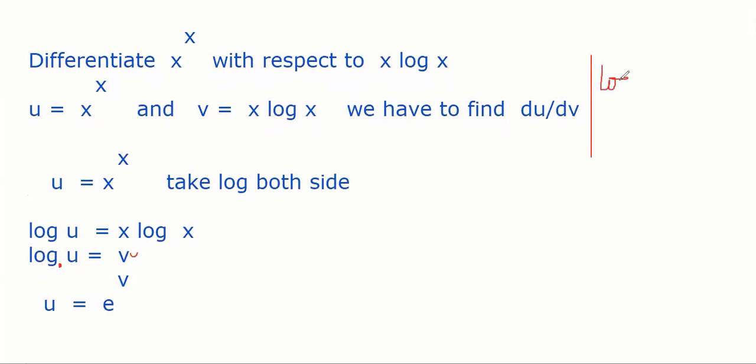I'll give another example. Suppose I say log of 100 base 10 is what? 2, right? What does it mean? The concept of log is: base is 10, so 10 power this 2 is 100, right?